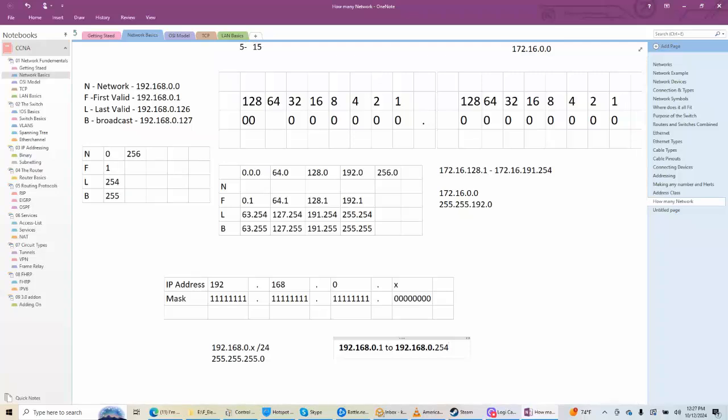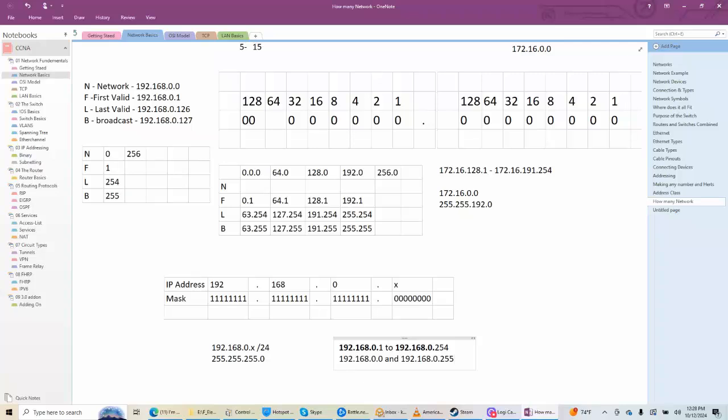Notice that two of the network numbers, which will be 192.168.0, are not part of our IP address as far as valid host.